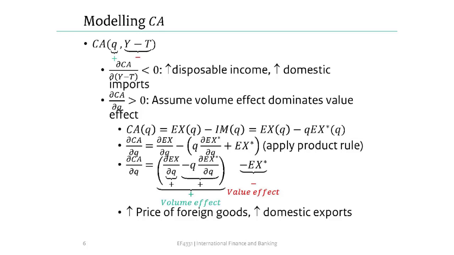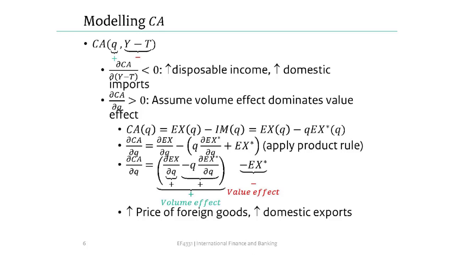This is negative, multiplied by a negative. Q is always positive because it's a price ratio. So this entire expression must be positive. This is why we call this the volume effect: everything here is about changes in trade flows, whether from domestic or foreign, in response to relative changes in price levels.